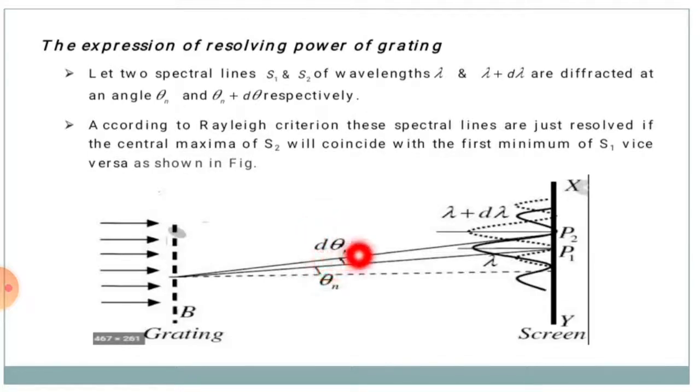According to Rayleigh's criterion, these two spectral lines are just resolved if the central maxima of S2 coincides with the first minima of S1 and vice versa. So, in this case, the two spectral lines are seen as separate according to Rayleigh's criterion.